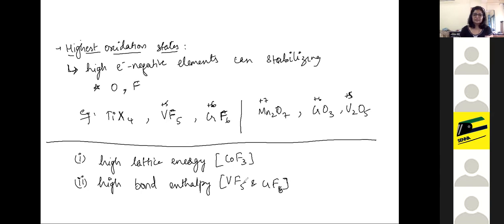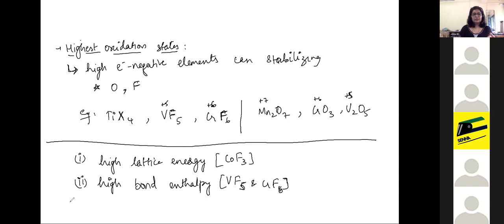Just remember these particular compounds, because you may get questions phrased like: what is the reason, or how is fluorine able to stabilize VF5 despite vanadium showing a high oxidation state? In that case, the answer is the high bond enthalpy, the higher bond enthalpy shown by fluorine as compared to other halides.